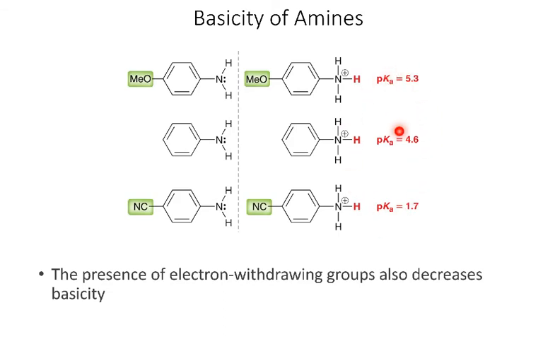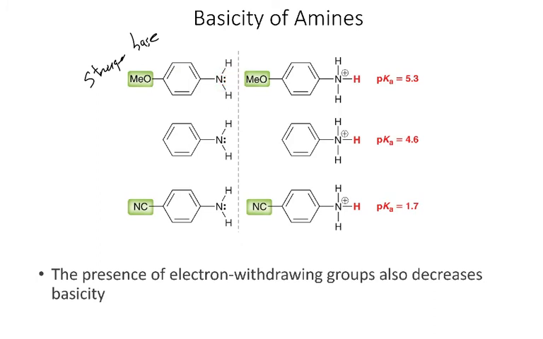So we're sort of using this as our reference. When I put on an electron donating group, that increased the pKa of the conjugate acid. That means this is a weaker conjugate acid, but that means that this is a stronger conjugate base. And so, right, that's donating electron density, so we're going to have more of a partial negative charge on this lone pair, and so that's going to make it a better proton acceptor.